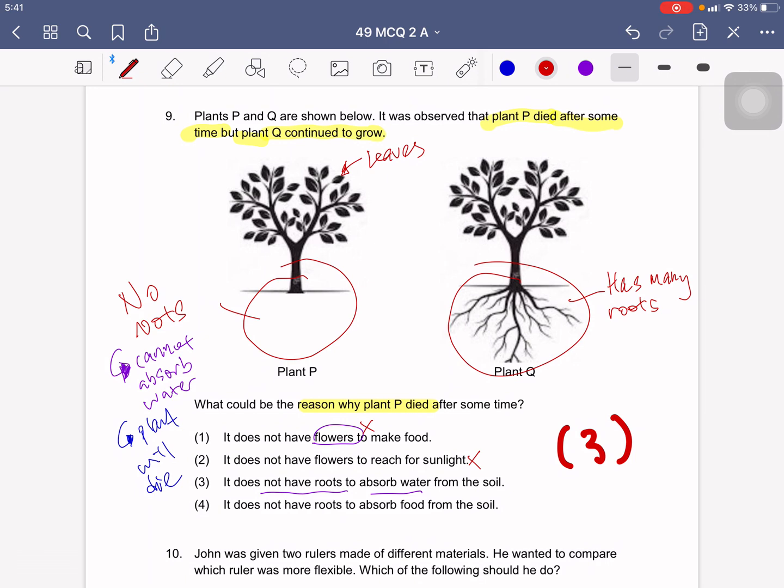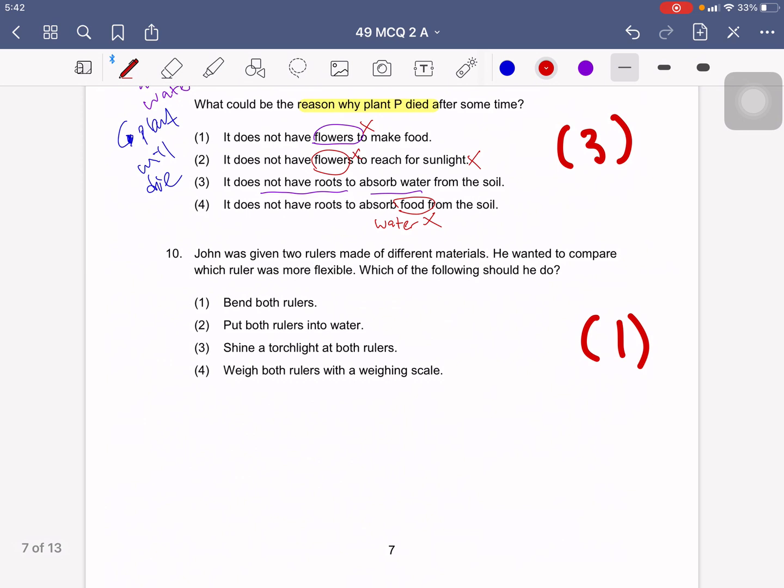You need the leaves to reach out for sunlight, not the flowers. Alright. Number 4, it does not have roots to absorb food from the soil. It should be water. Okay, it's not to absorb food. Food is made by the leaves. Alright, the plants do not use the roots to absorb food from the soil. Okay, so answer would be 3.